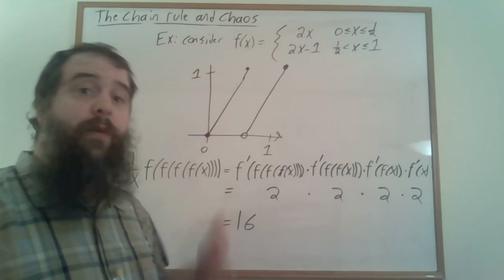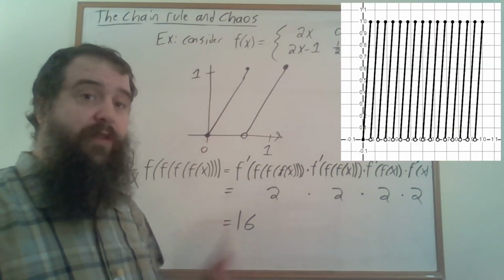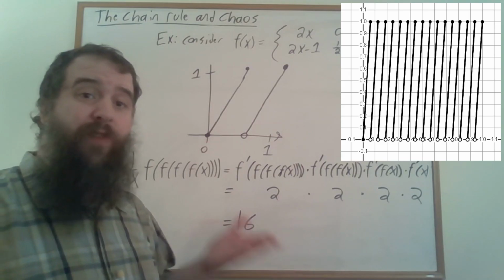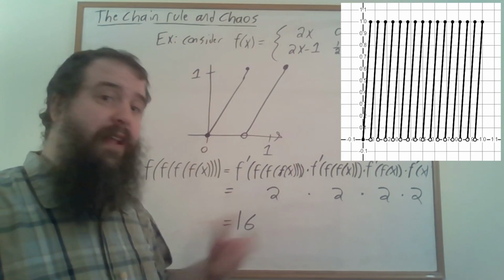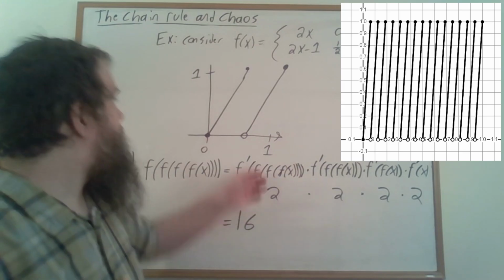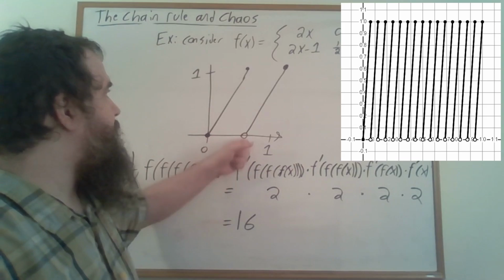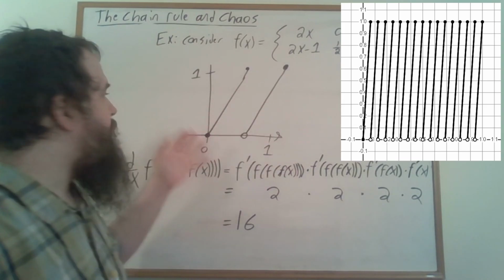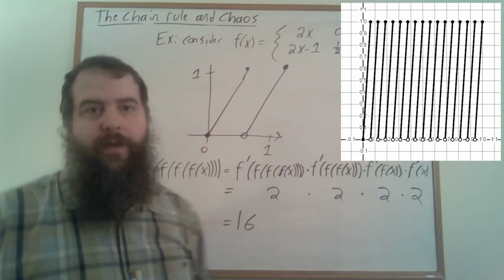And we can see that when we actually go to plot out f composed with itself 4 times. This graph here, the slope is almost always 16, except at a few points of discontinuity, which are caused by plugging in some value that gives us 1/2 or 0 or 1 into one of these functions here.